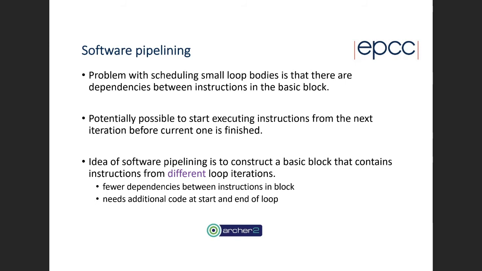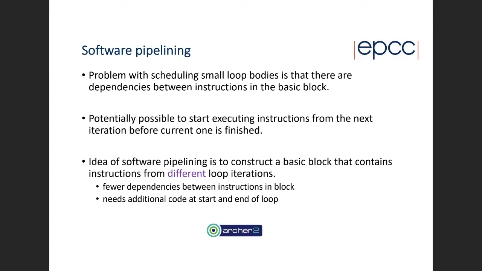So again, this is another technique to deal with small loop bodies, where there are dependencies between instructions in the basic block. The idea here is that it's possible to start executing instructions from the next iteration before the current one is finished.